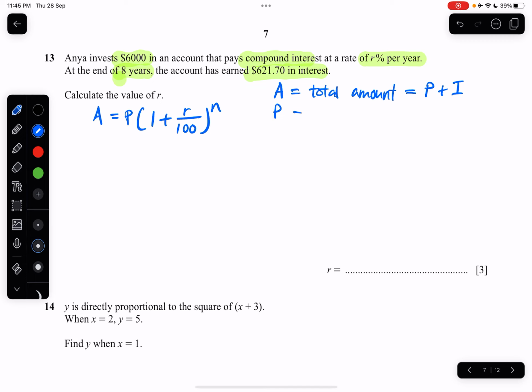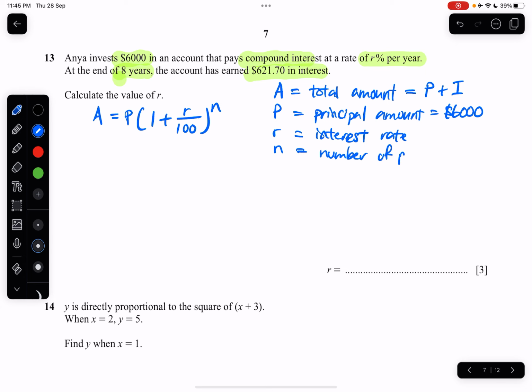P is the principal amount, which in this case is the starting amount, $6,000. R is the interest rate, and N is the number of periods that this interest will compound.